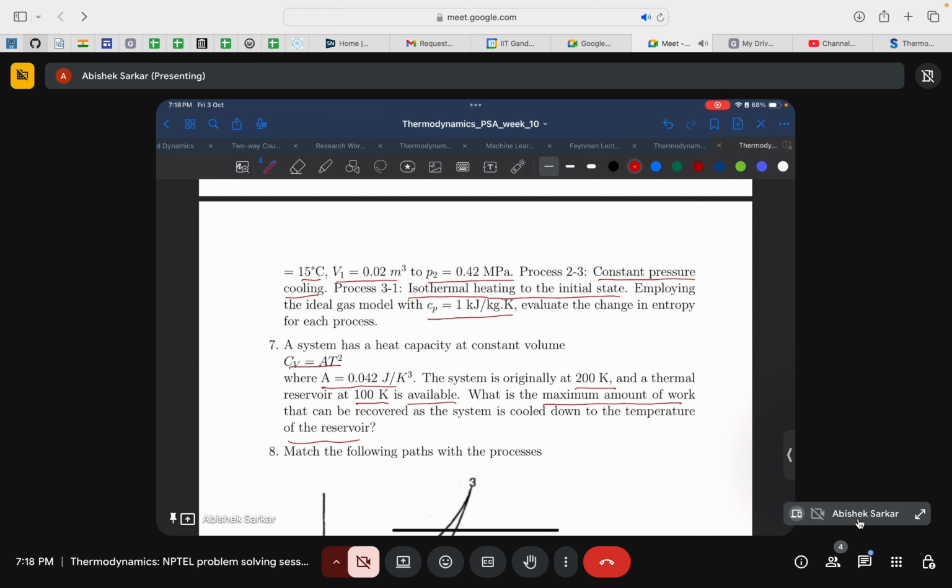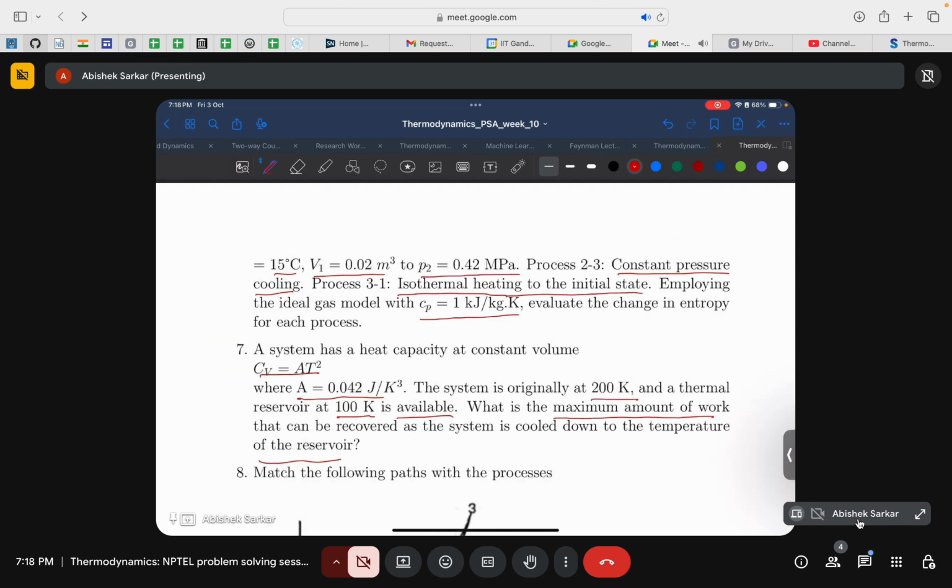That's the main goal. If it is fine with all of you, for the sake of saving time, I can show the solution right away.